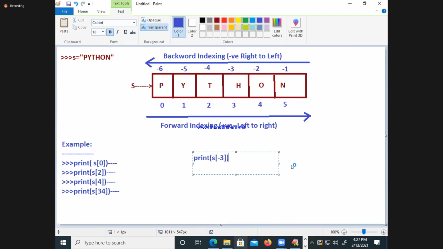Print of S of minus 4. Print of S of minus 6. Print of S of minus 45.